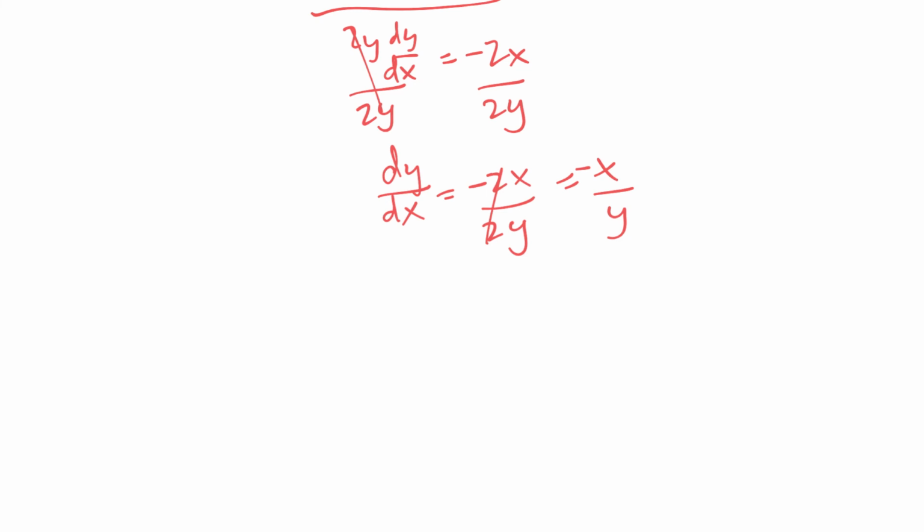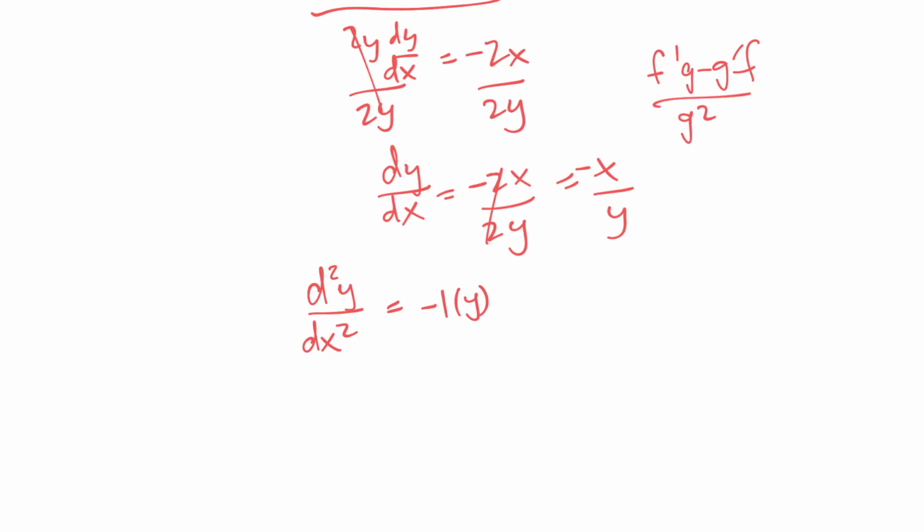So we need to take the derivative of that, which is the quotient rule, which is f prime g minus g prime f over g squared. So the second derivative is f prime, which is negative 1 times g, which is y, minus g prime, which is 1 times dy dx, times negative x, all over g squared, which is y squared.